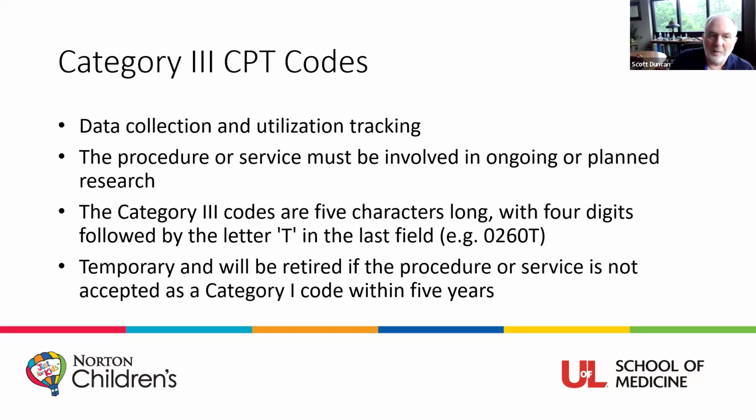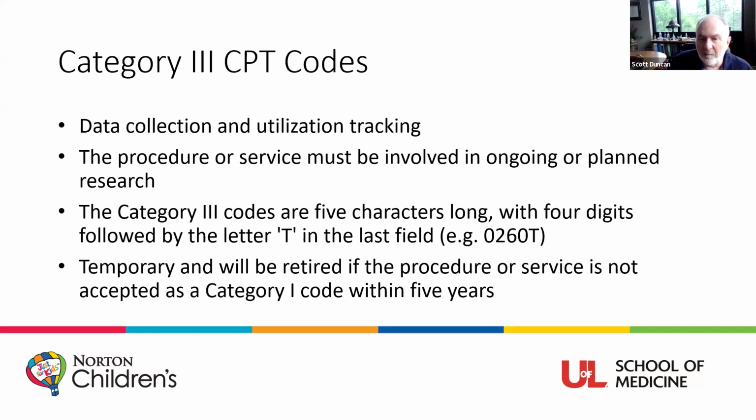Category 3 code is where we do data collection and utilization tracking. And so each procedure must be involved in some sort of ongoing or planned research. Here's the last category 3 code that neonatology had. Cooling. We came out with a category 3 code, and it may have been 0260T, I don't remember because it's been several years ago, but we created a category 3 code that looked at total body cooling and selective head cooling when cooling first came into mainstream.